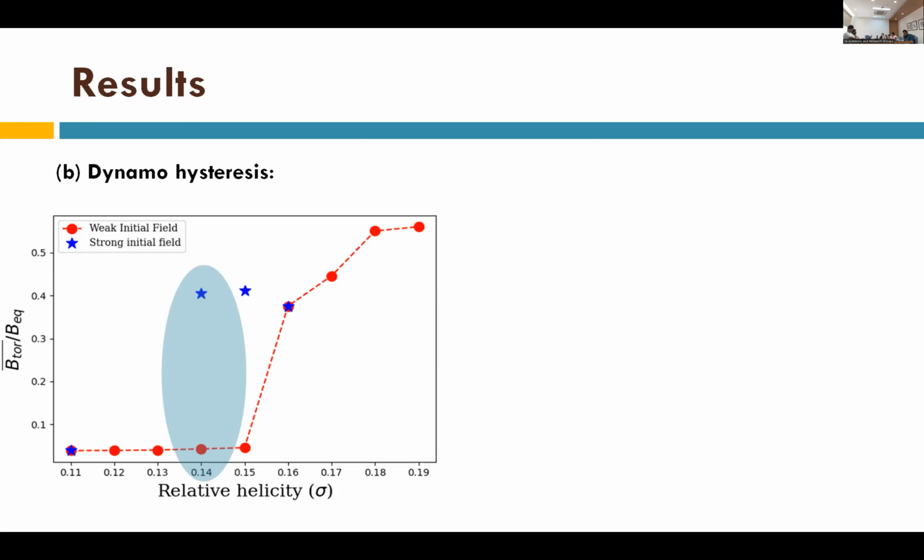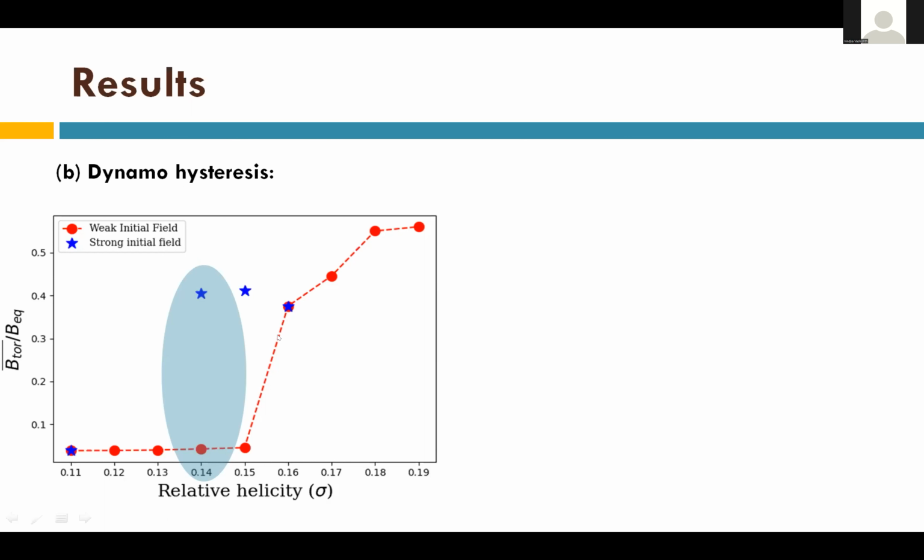Okay, and the hysteresis is different. So if the hysteresis exists or not, what does it depend on? Is it this coupling between large scale and small scale, or what is this hysteresis dependent on? This hysteresis depends basically on the magnetic field strength that we are initialized with.